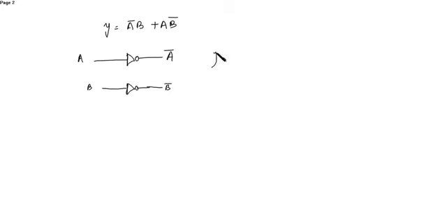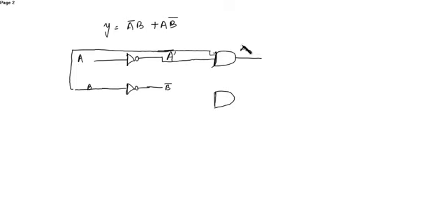So you need two AND gates. One is for A bar B, and next is A B bar.